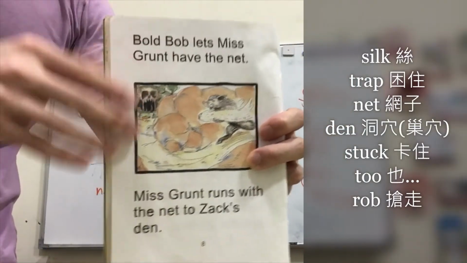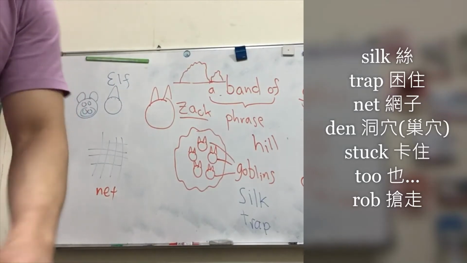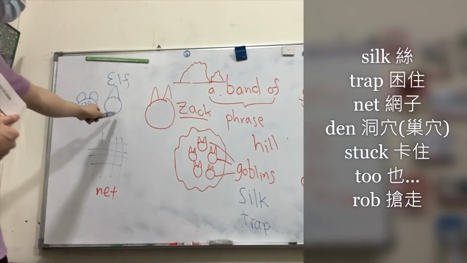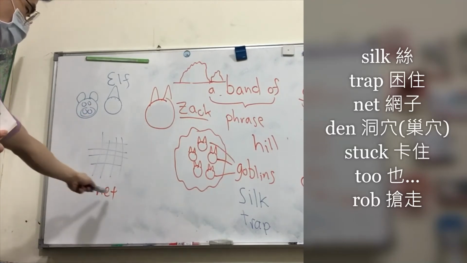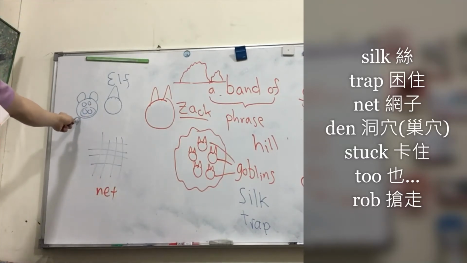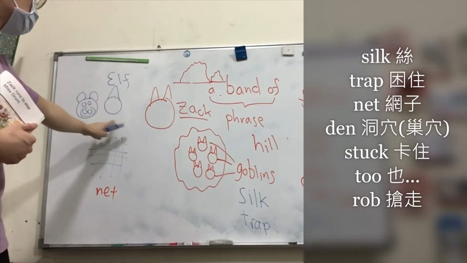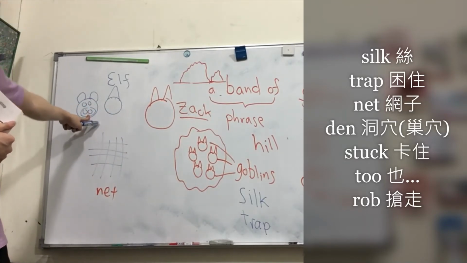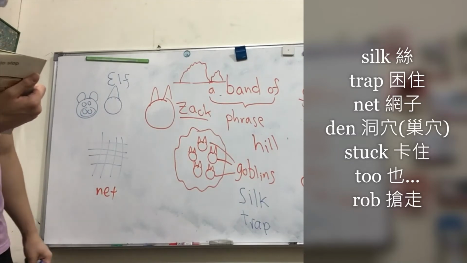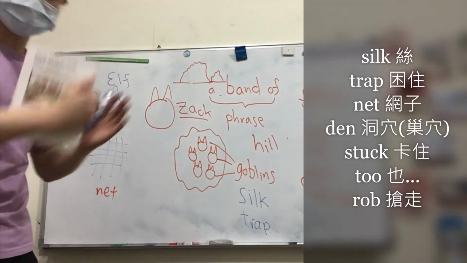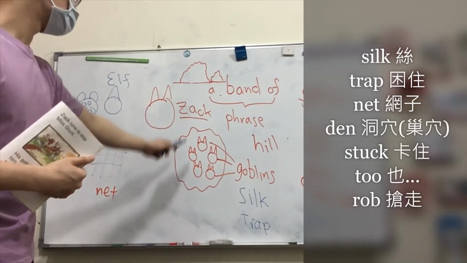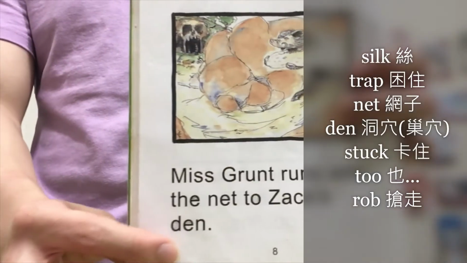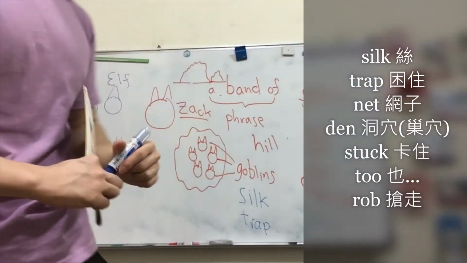So this page, what they are talking about is the elf, Bold Bob, gave his net to Miss Grunt, and Miss Grunt ran all the way to Zak's den. D-E-N.